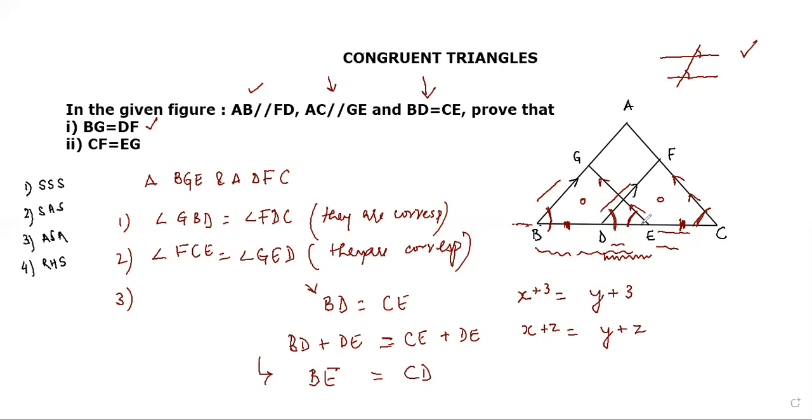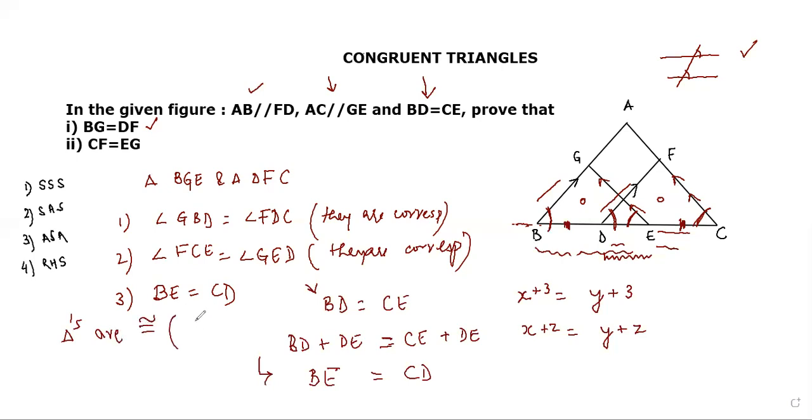BE and CD are the two sides of the triangle and they are equal. So what is the third thing which I got? BE is equal to CD. So now after getting the three things equal, I can say that the two triangles are congruent.